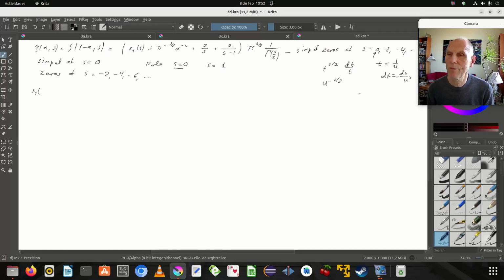squared, and so dt divided by t, then we divide it by t, then that turns out to be minus du divided by u.